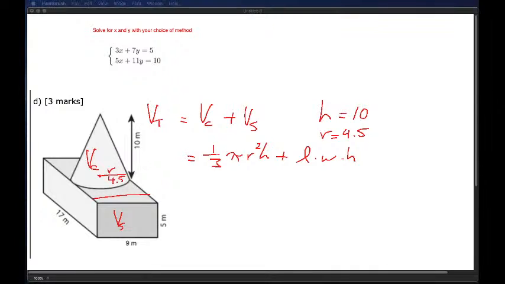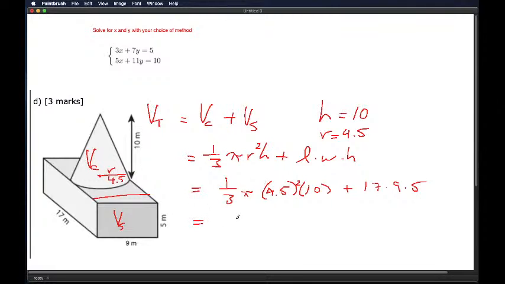All right. Now we just have to fill in our values. So we have 1/3 times pi times our r, which is 4.5 squared, times our height, which is 10, plus length, which is 17, width, which is 9, times height, which is 5. Now you just have to make sure you put this in the calculator correctly.